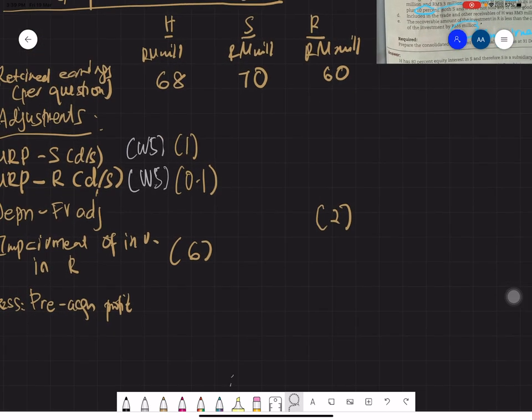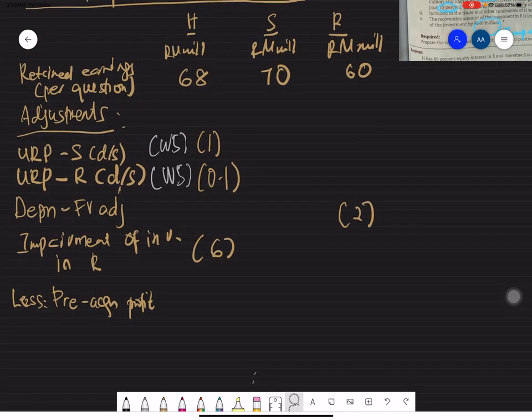Reduce it in the necessary column. So you will have this one 50 and this one 13: 60 minus 2 minus 45, 13.